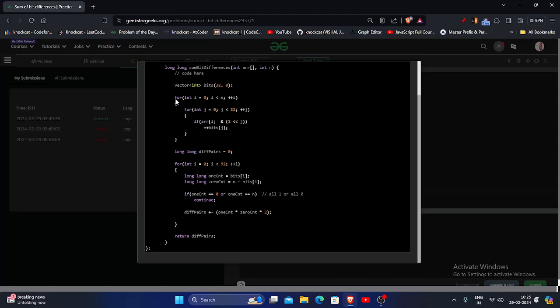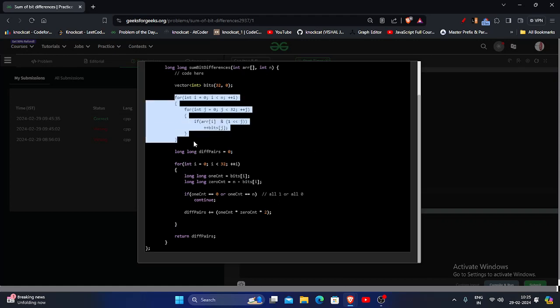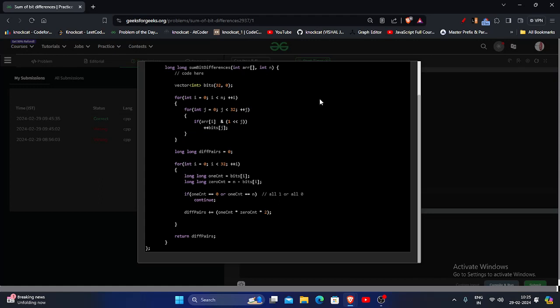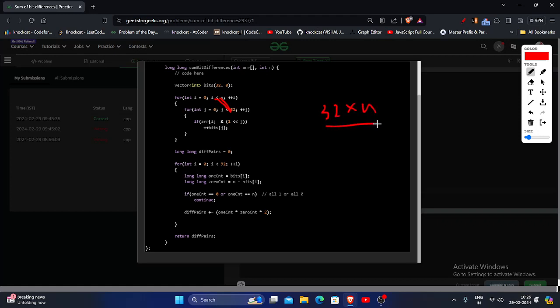What if I am calculating these? Is there anything by which I can directly get the one count and zero count? Actually, yes, we can. How? Instead of iterating n cross 32, what do you think if I iterate 32 cross n?